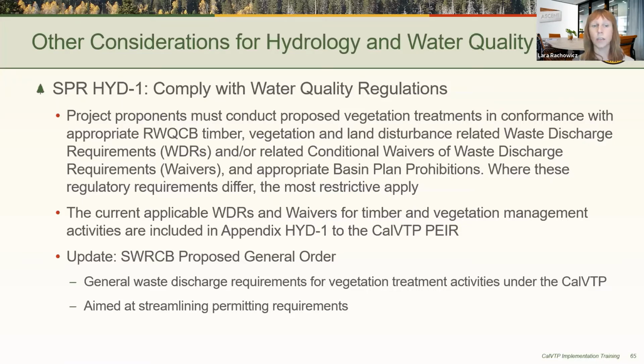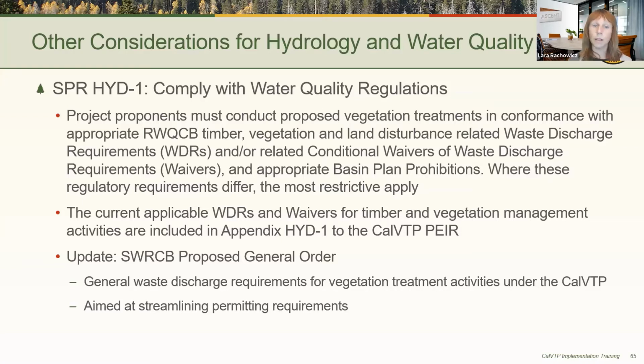So you can look at that to see what may apply to your project. However, since the PEIR was published, the State Water Resources Control Board has started a process to develop a statewide water quality order for vegetation treatment activities aimed at streamlining permitting requirements. The proposed general order would provide coverage for projects that are within the scope of the CalVTP and have completed a project-specific analysis. No additional conditions or restrictions would be required.